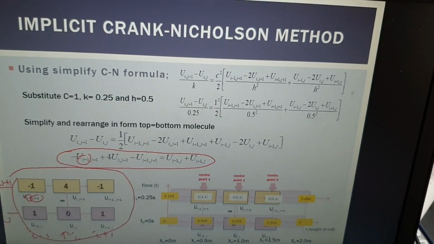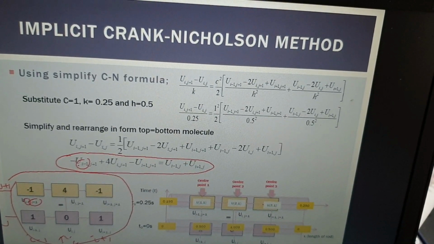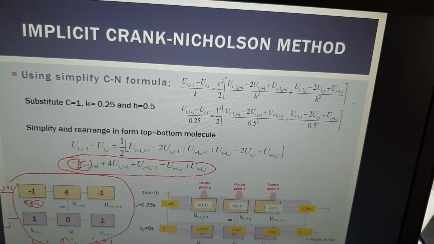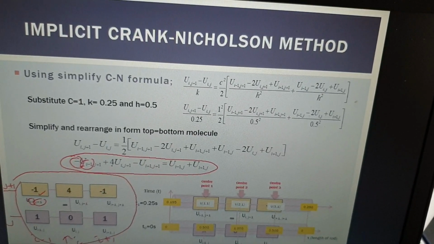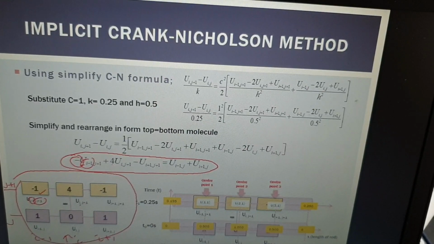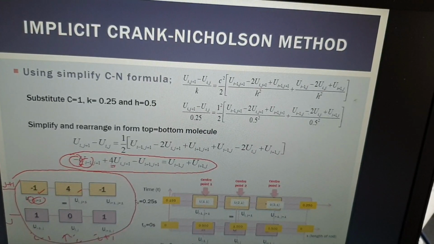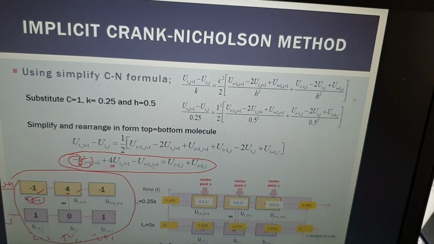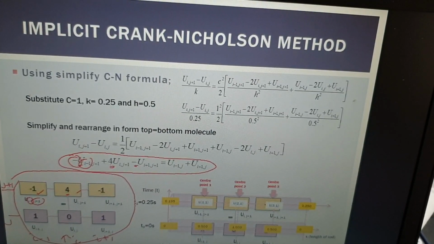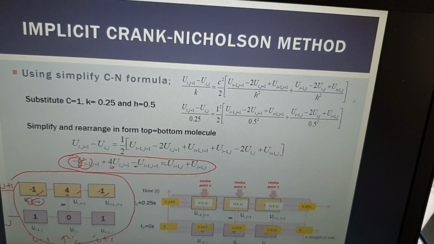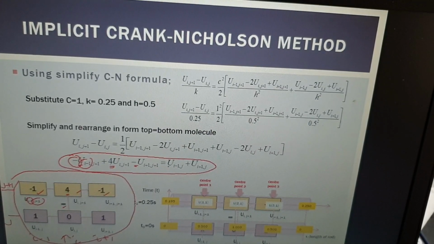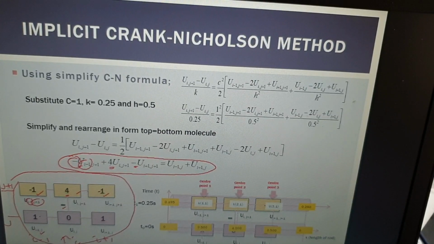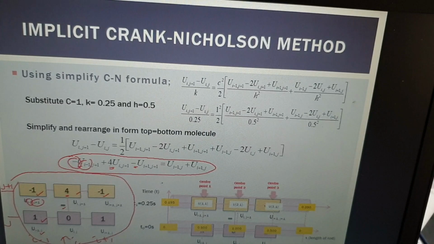So you just put the values inside here. This is u_i-1,j+1, meaning that this is minus 1. For position i,j+1, the value is 4, so I put 4 inside the box. And for i+1,j+1, the value is negative 1. Equal to u_i-1,j, so the value is positive 1.